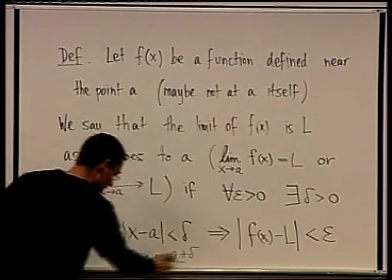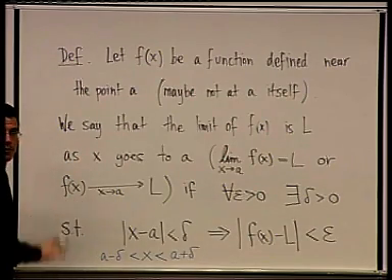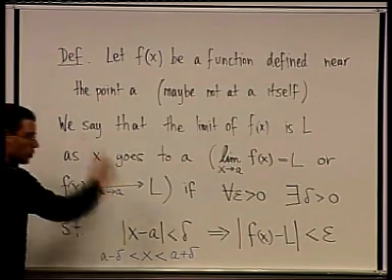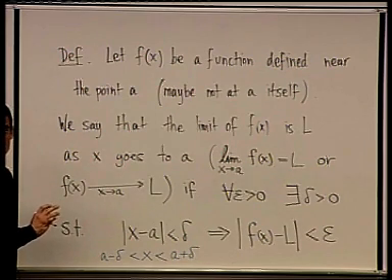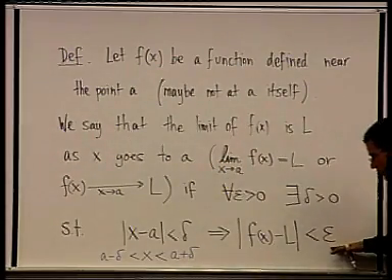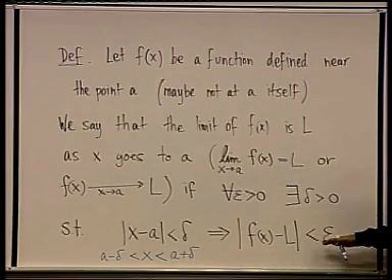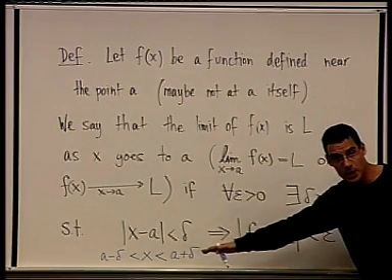This thing and the blue thing underneath are precisely the same. Does everybody agree to that? This is crucial in understanding this definition. Everybody? Likewise, saying this is the same as saying f of x minus L is between epsilon and minus epsilon.